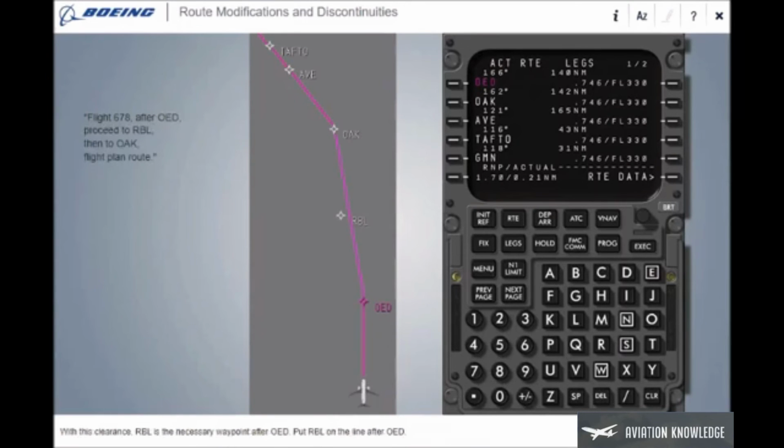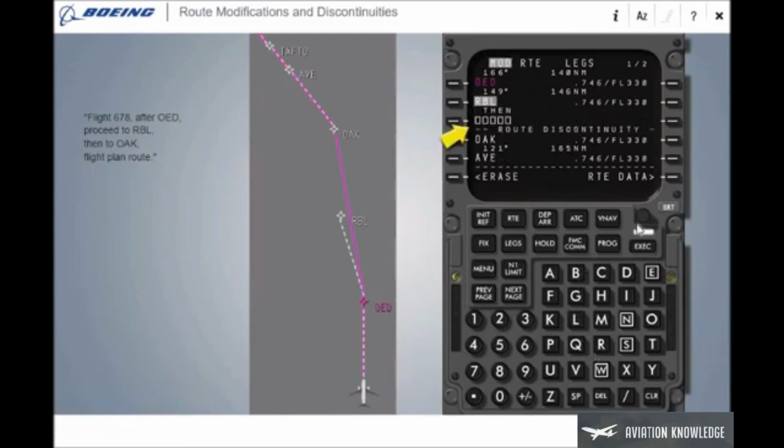With this clearance, Red Bluff is the necessary waypoint after Rogue Valley. Put RBL on the line after OED. A route discontinuity also shows when a waypoint is added.